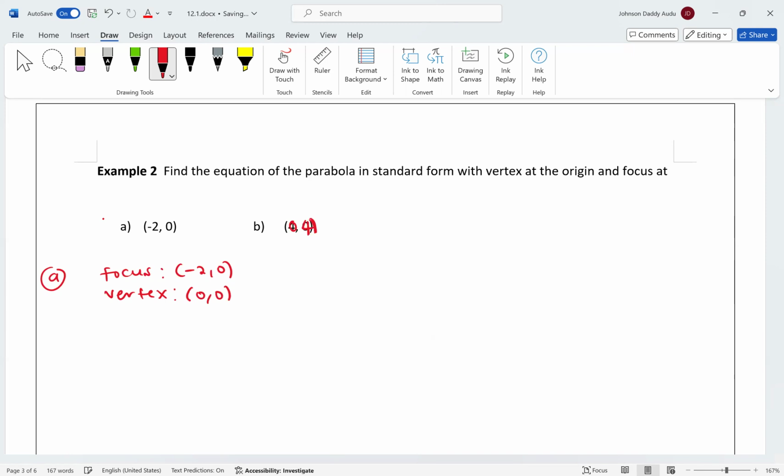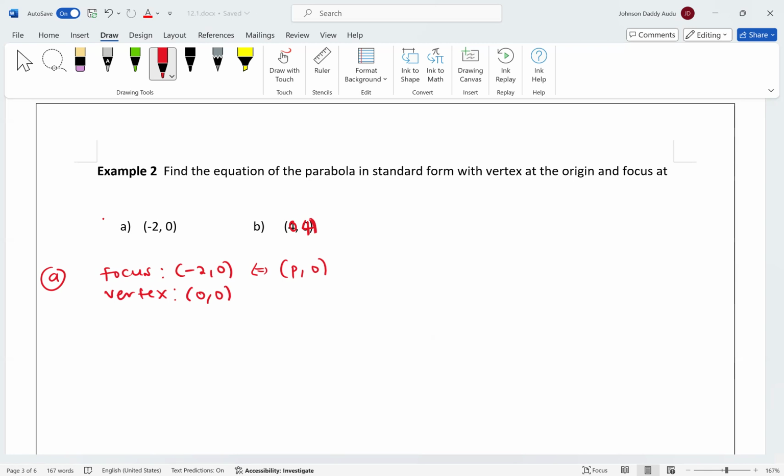Now, all you need to do here is to know what type of parabola we are dealing with. If you look at the focus, since the focus is minus 2, 0, this is like saying the focus is P, 0, right? So it means the P is on the x-axis. If you remember, the focus is always on the line of symmetry, right?